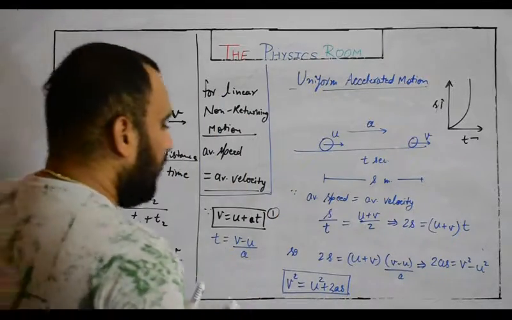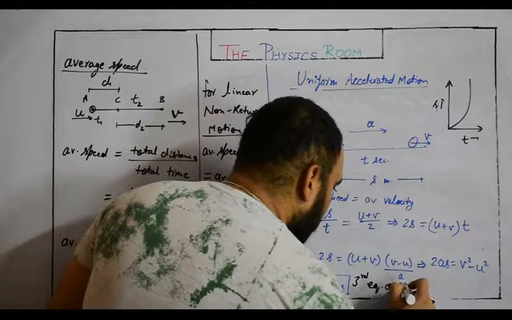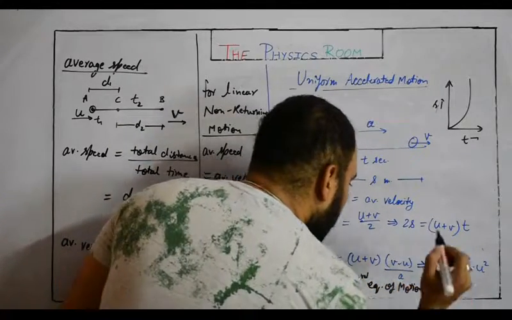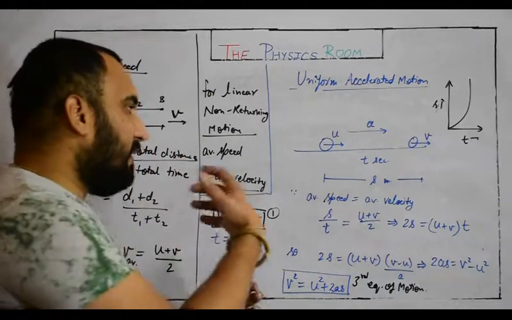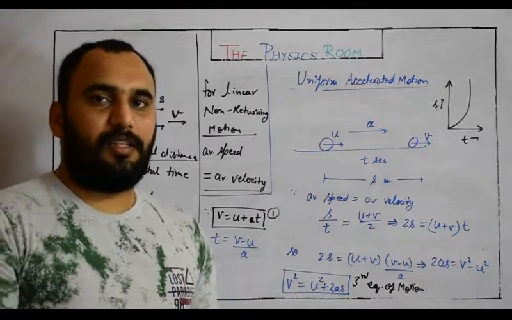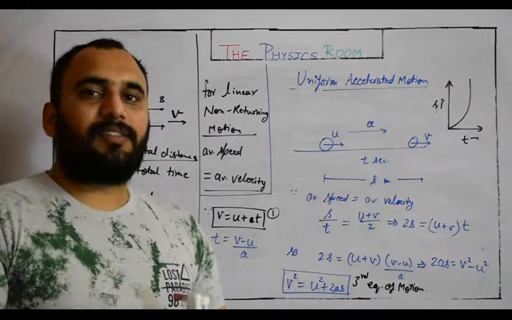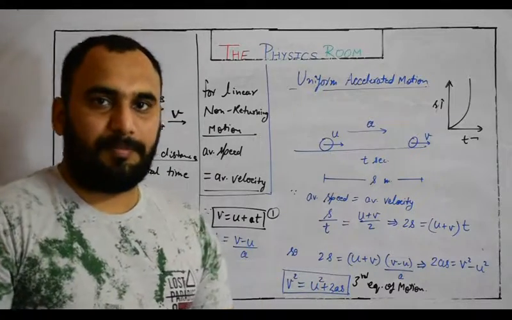So we have derived all three equations of motion with the help of general mathematical interpretation, average speed, average velocity and acceleration. Now we will discuss the graphical method to derive these three equations of motion.